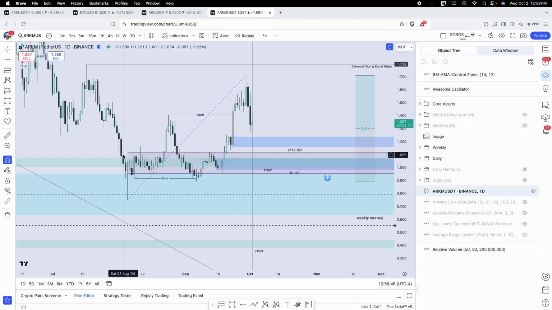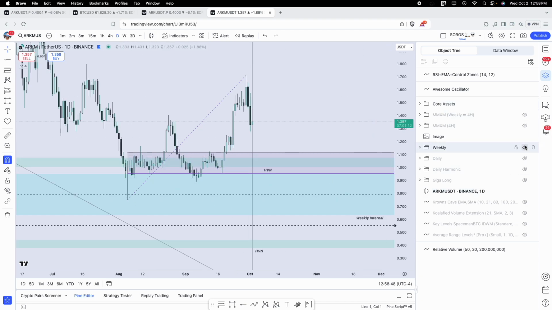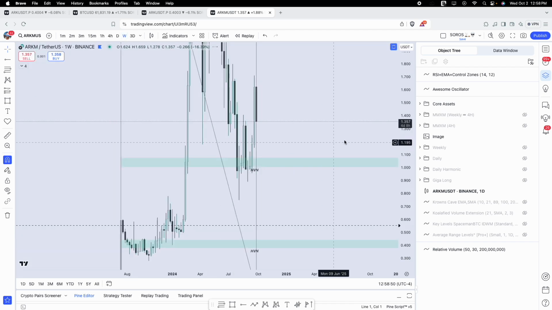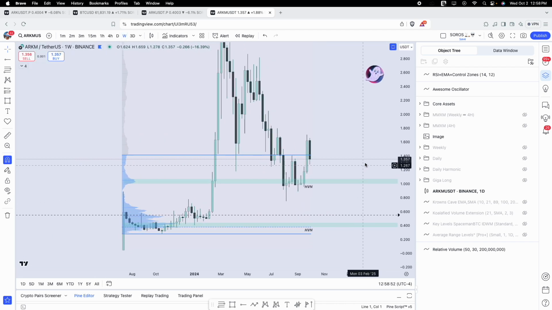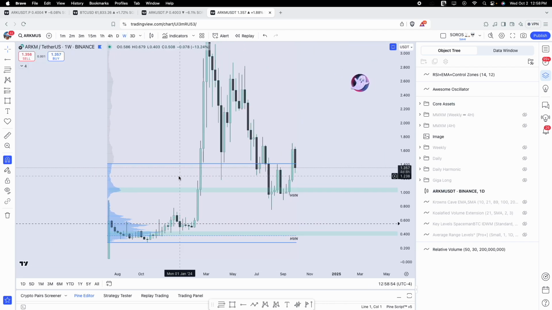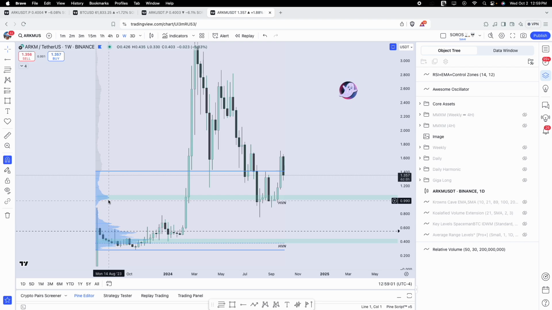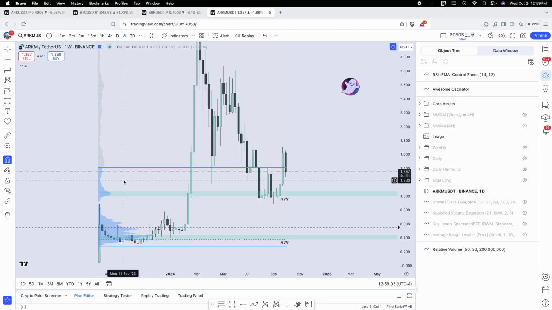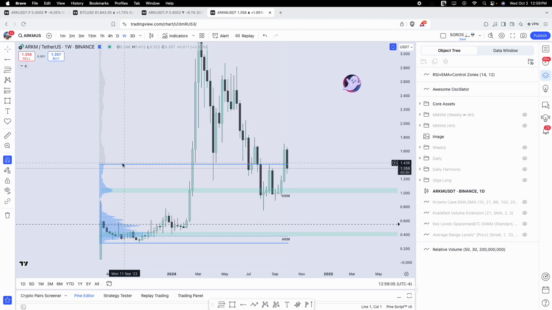And if you look at my core assets here, we'll just zoom out for a minute. The composite volume profile is very clean. You have a massive node down here, or distribution down here, and then you have a big node right here. And we're currently below the composite value area high.